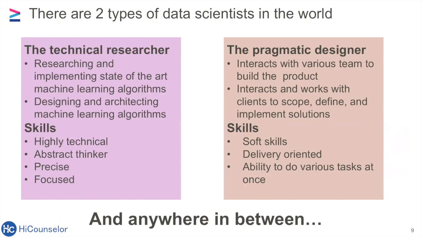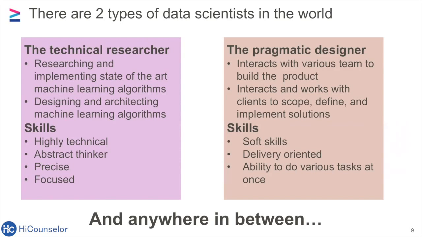And the other side is the technical researcher. Basically, this is, in my opinion, the other side of things. This is if you're very involved in building out frameworks, setting up, and implementing state-of-the-art machine learning algorithms, and designing and architecting these. This is what you would fit into.